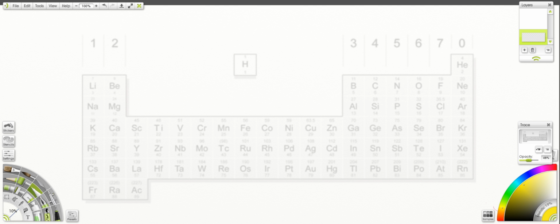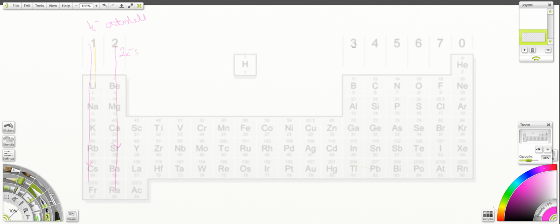You should remember that this here is group 1. Group 1 has 1 electron in its outer shell. Group 2 has 2 electrons in their outer shell.